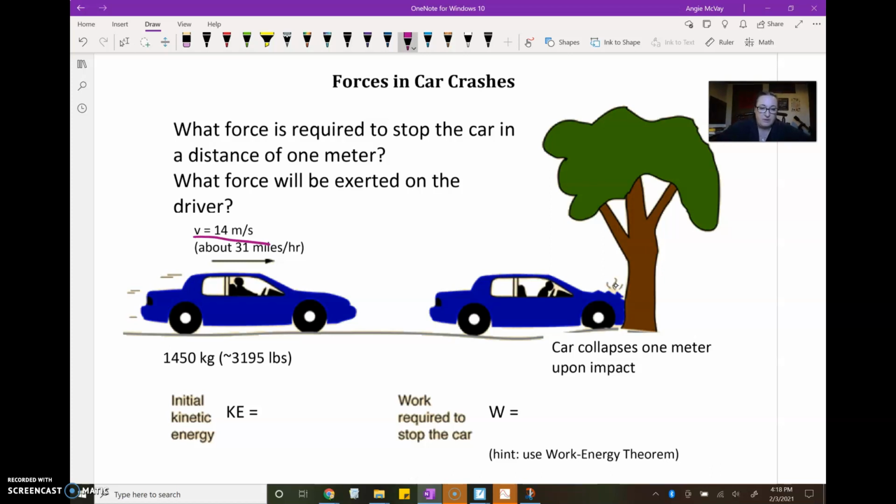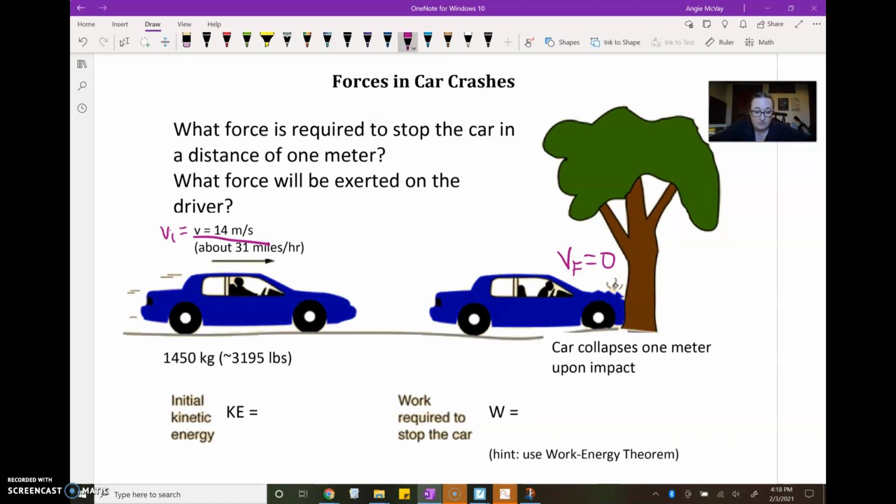Then the car crashes into a tree. The driver fell asleep, swerved off the road, crashed into a tree. That tells us, without explicitly saying it, that the car's final speed is 0. And this is the initial speed, 14 meters per second.